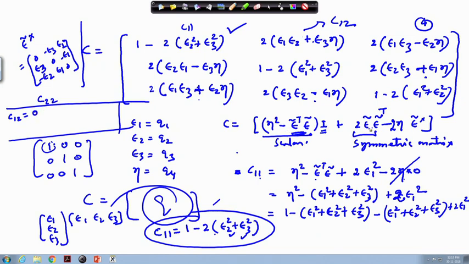The next term, if you look into this, this is epsilon 1 epsilon 2. So, here we have epsilon 1 epsilon 2. Next we go into the third term, which is this one, minus 2 eta times epsilon cross. So, in the epsilon cross, the second term is this, with a minus sign here. So, this will get multiplied by minus 2 eta.